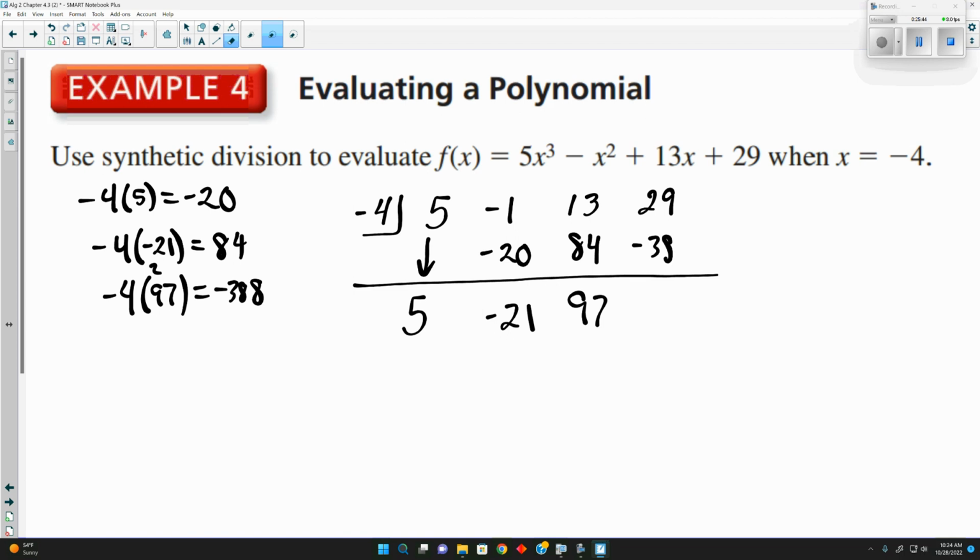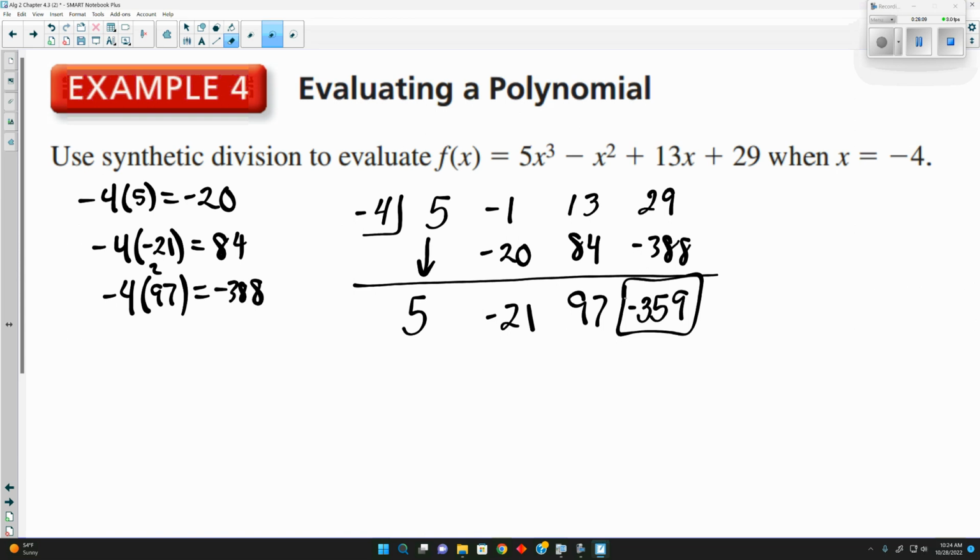Negative 388. 9 would give us an 8, carry the 1, 3. Y'all can plug it into a calculator and see, make sure that negative 388 plus 29 is indeed negative 359. I believe that is true.